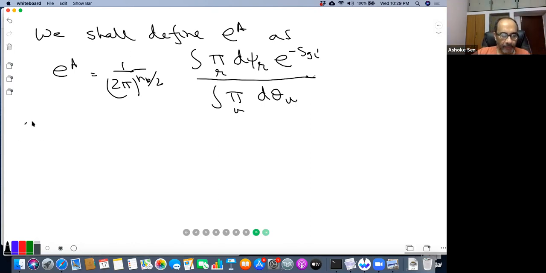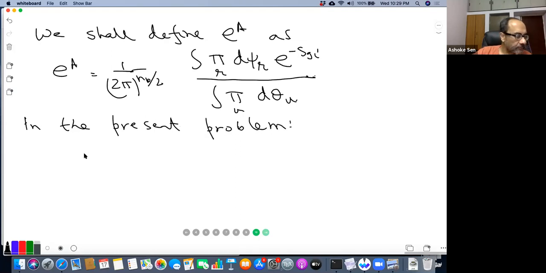So in the present problem, we have psi. There are 3 components. So psi is psi_0 c_1 on the vacuum, and then you have psi_1 c_0 on the vacuum.